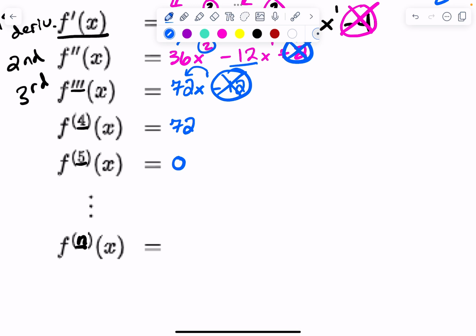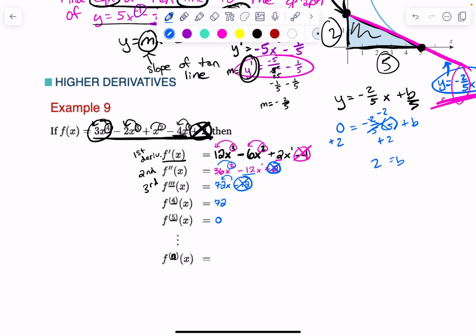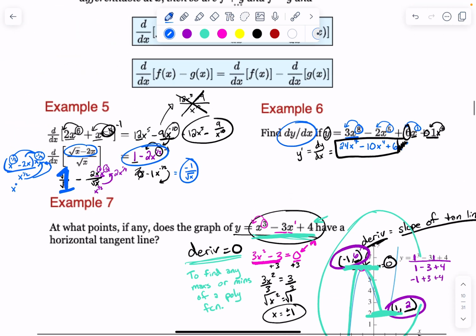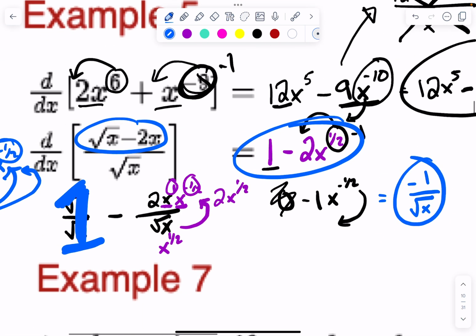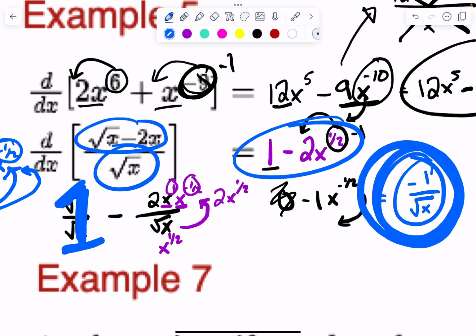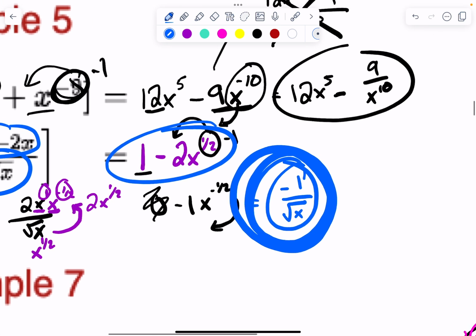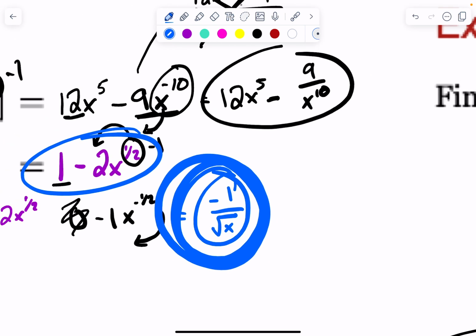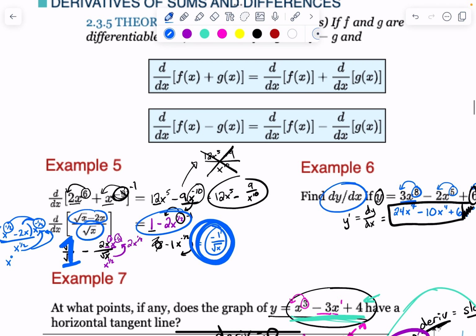and eventually, no matter what, if I have a polynomial, not something with square roots of x and stuff in the bottom, like this one, it's not going to follow the same pattern because it's a rational function and not a polynomial. It has an x on the bottom. That's not how this is going to work.